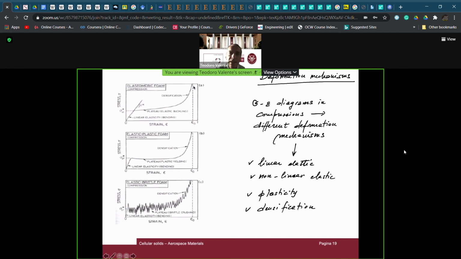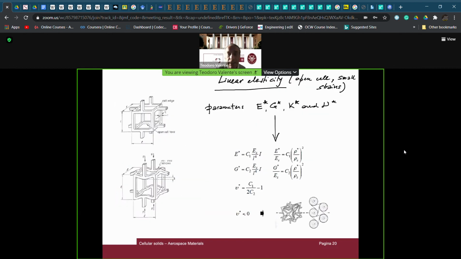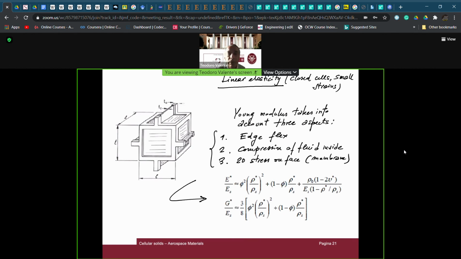From this point ahead, after the densification strain, we still have a response of the material, but this response is not interesting for us, in the sense that we no longer have the answer of a cellular solid, because the material has been densified by eliminating all voids.